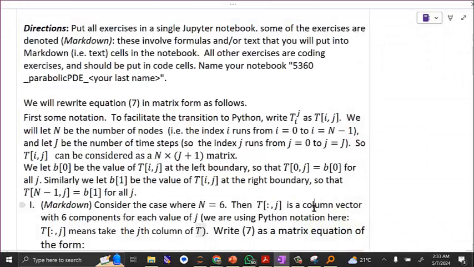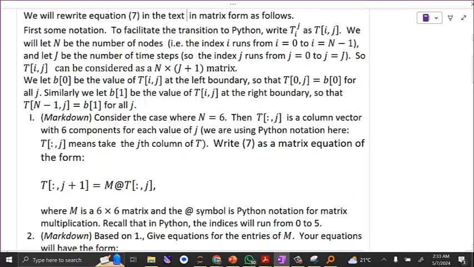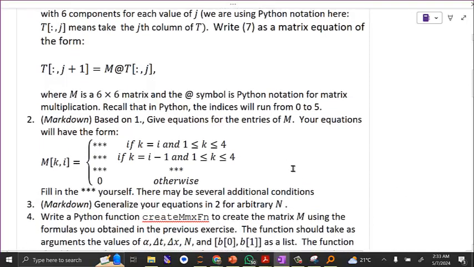So I would like you to write 7, this 7 refers to the text, as a matrix equation of this form. And here I'm using Python notation again, so this means matrix multiplication.